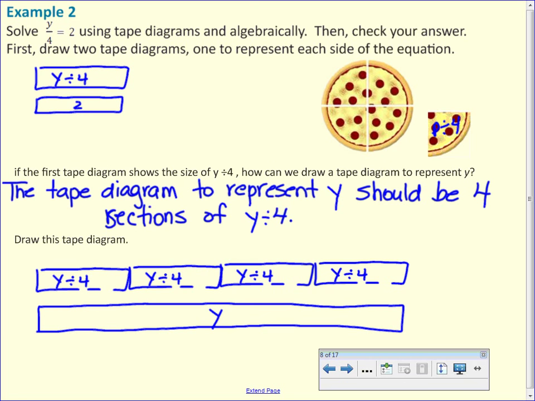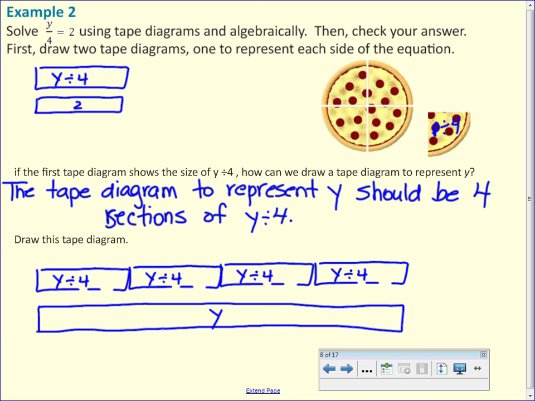So that's how we can find the tape diagram of y. Does everybody see that? Because y divided by 4. Okay?